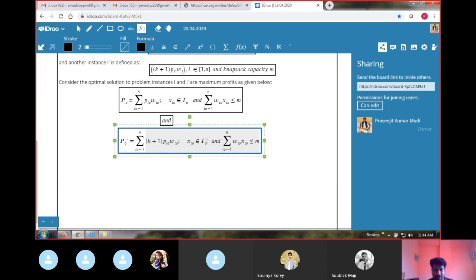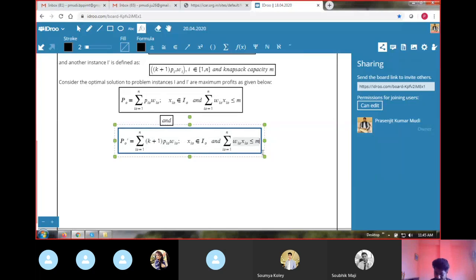We will see that. Eventually you can argue whether we will have the same I0 and the same W I0. We will eventually show that we have the same I0 in both problem instances I and I dash, also the same W I0. So P0 dash is this.